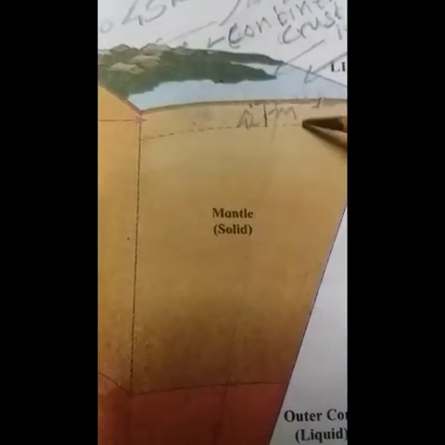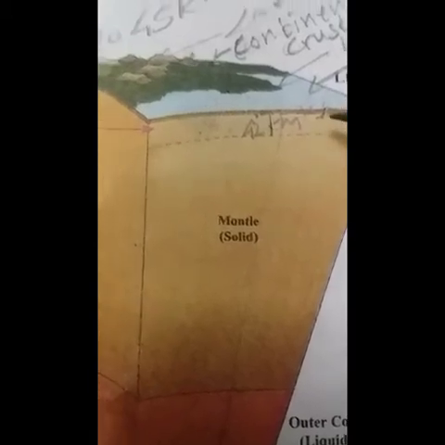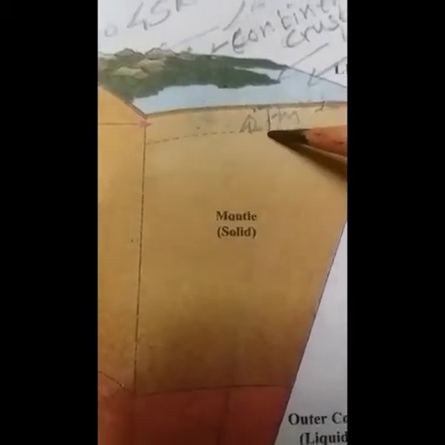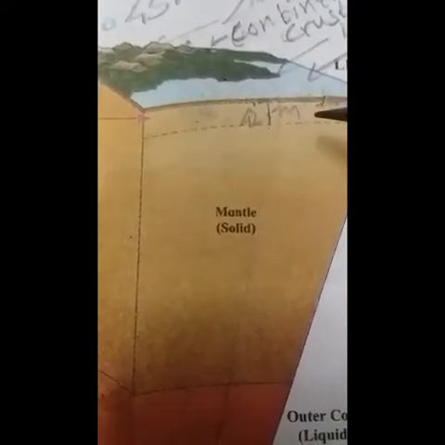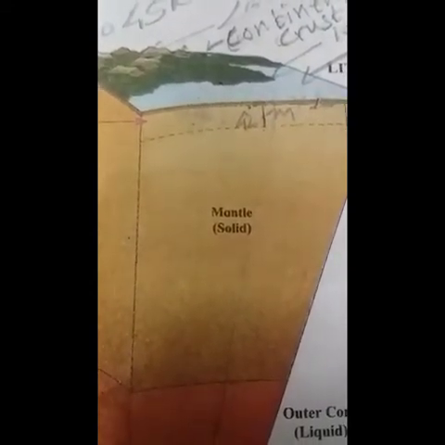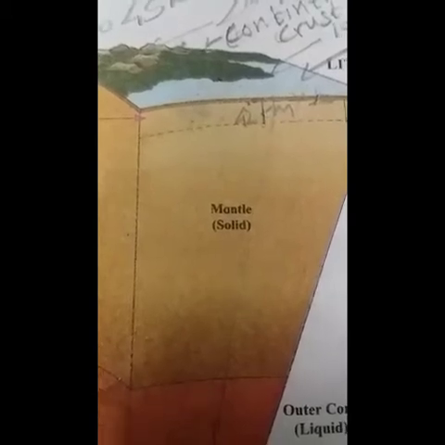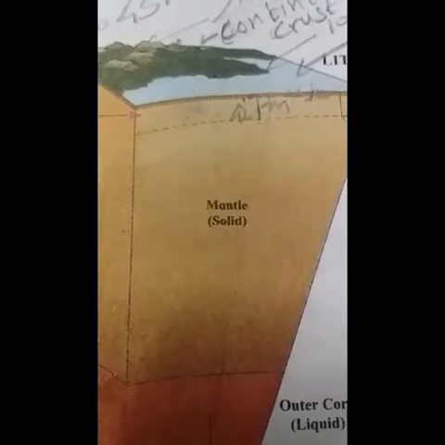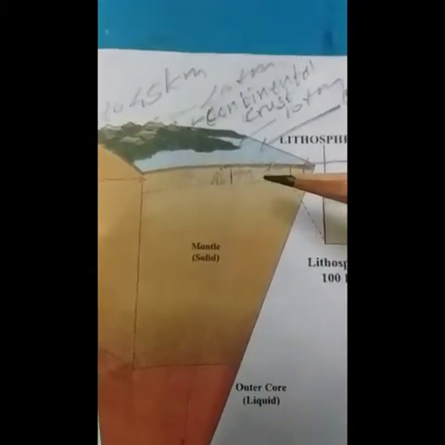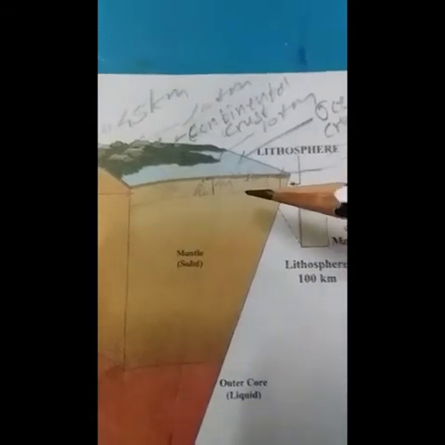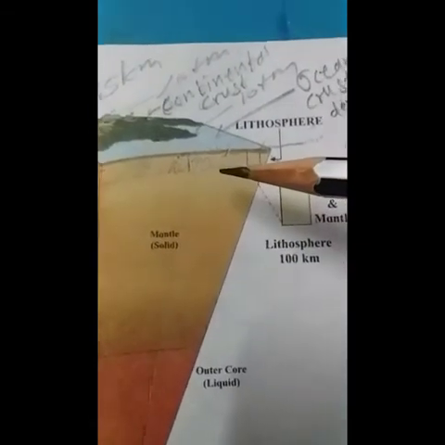Note that there is a discontinuity between the crust and mantle too. This discontinuity was deduced by a scientist called Mohorovicic. It has been named after him as the Moho discontinuity.